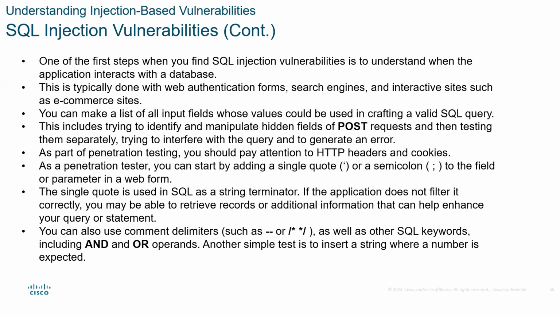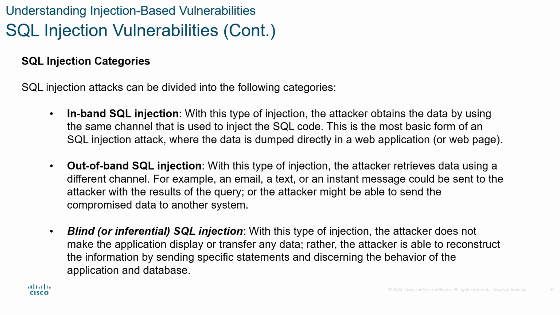Keywords like AND, OR, these are operators. Another simple test is to insert a string where a number is expected. If you insert a string where there's a number, you're simply suggesting every other value within the array of numbers be displayed. These are usually the ways that people get this information from a database.